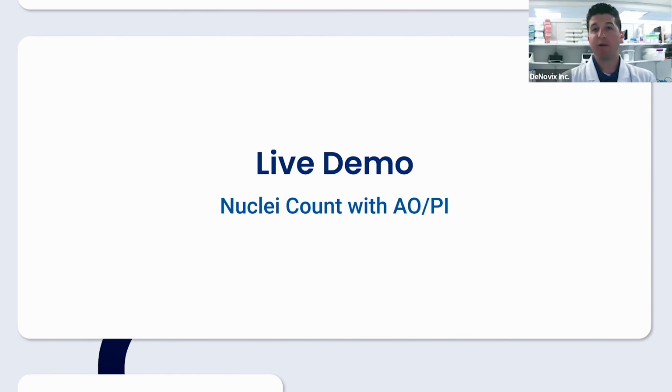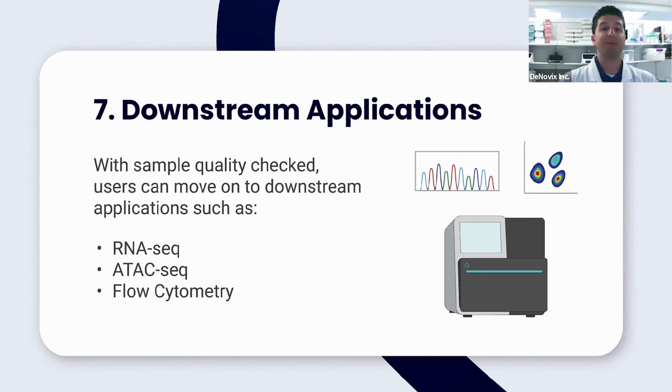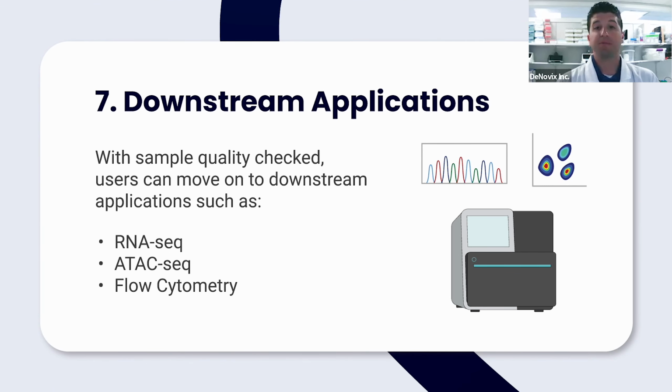So with our live demo complete, our nuclei isolated and purified, we're happy with our sample. We're happy that it is a high quality sample based on all the analysis we've been able to do on the CellDrop, and we'll move to our downstream applications. It seems like today the popular choice is RNA sequencing, but ATAC sequencing and flow cytometry are also other options here, and they all require a sample with plenty of nuclei, very little debris, and very few intact cells.